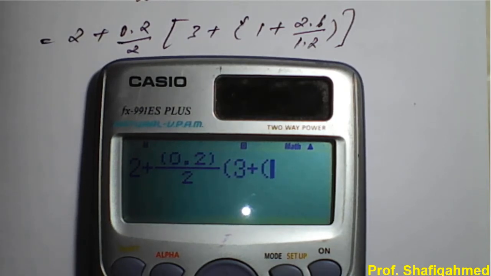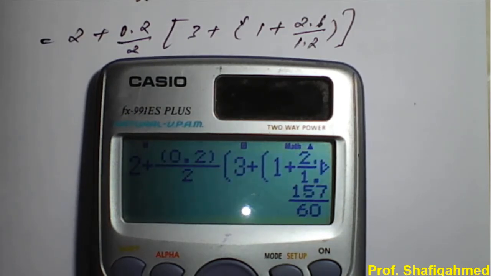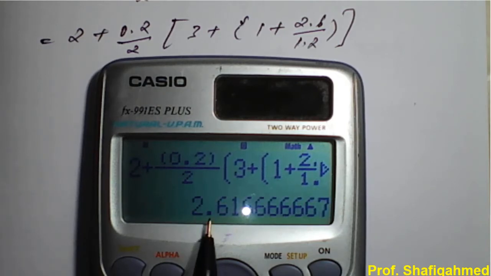How you have written it, like that only you type it, and it will be easy. 1 plus 2.6 divided by 1.2. Okay, close the bracket correctly. One more bracket you need to close, then equal to sign. So how much we got? 157 upon 60. If you press the SD button, it will be 2.61666. So up to 4 decimals I want to take. That is, I can say 2.6167, I will round up.